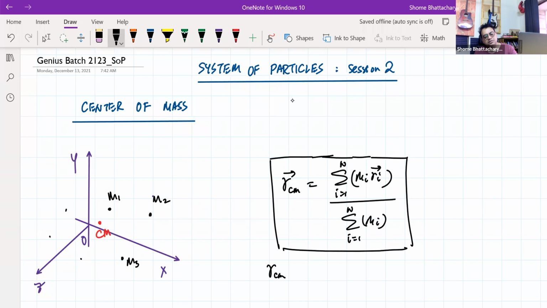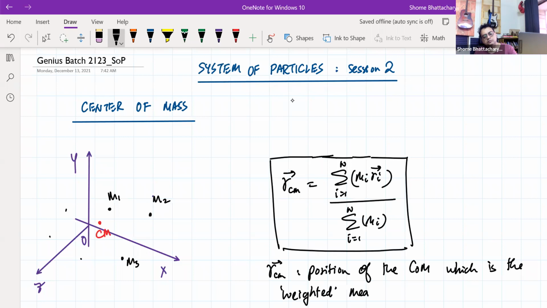So RCM is the position of the center of mass, and the weightage is given in terms of the mass. So it is summation mass into R.